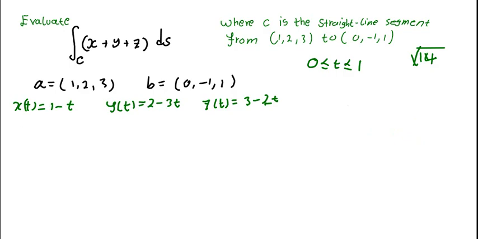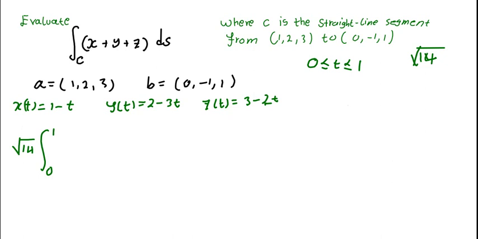So what is remaining now is just a matter of doing the substitution. Here we're going to say we are integrating, let me actually just place the square root of 14 outside. We are integrating from 0 to 1 as we have found.